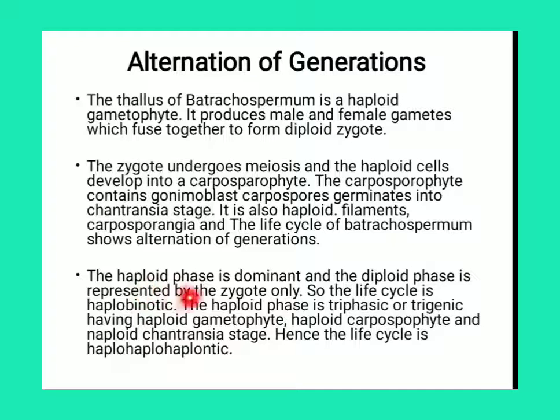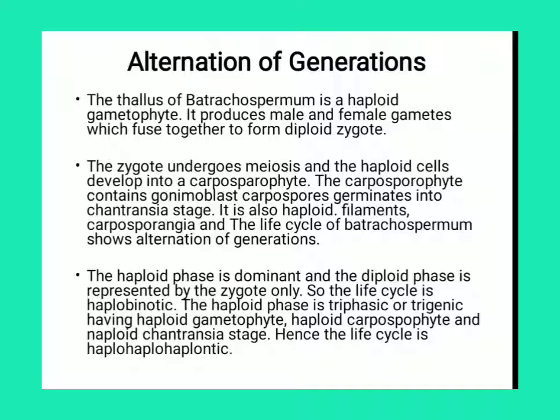Their haploid phase is dominant because their structure is haploid, their gametes are haploid, their spores are haploid, and their monospores are also haploid. In their life cycle the haploid phase is dominant, but the diploid phase is represented only by the zygote, and so their life cycle is known as haplobiontic.